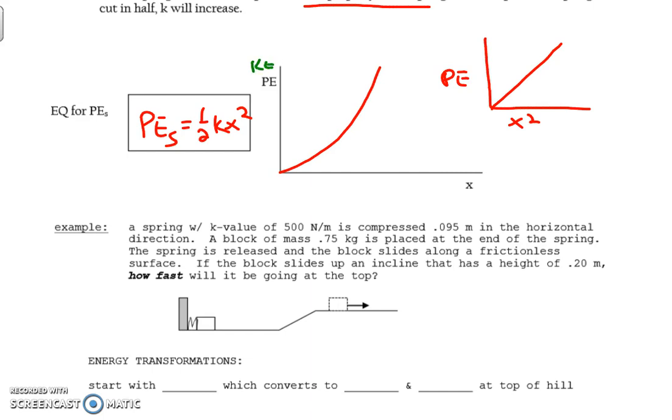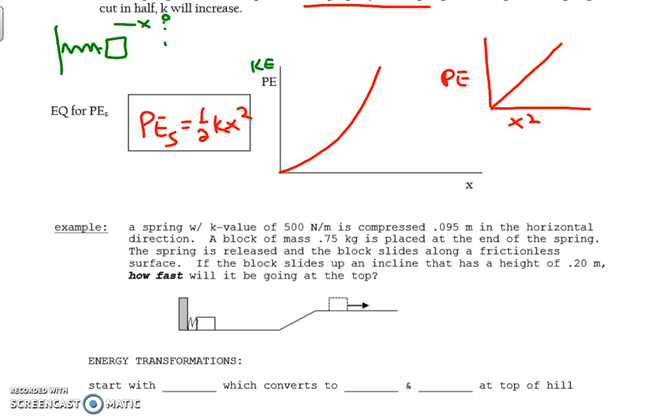Let's look at kinetic energy as a function of position. So imagine we have a spring attached to a wall, and here's the equilibrium position, 0, and it's stretched to some position x.